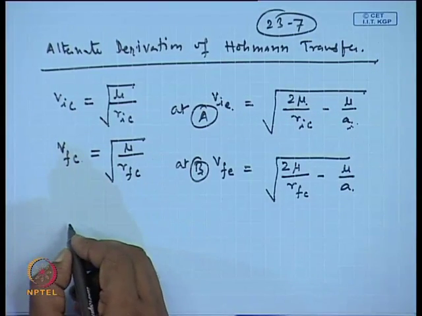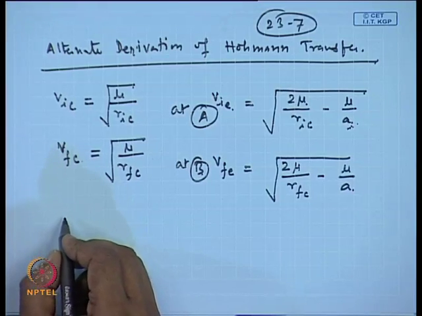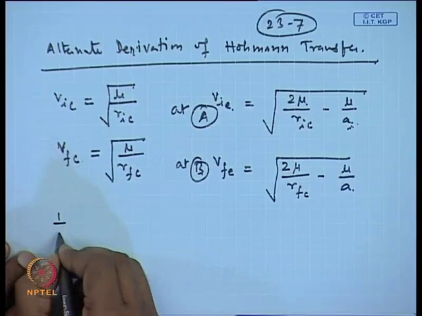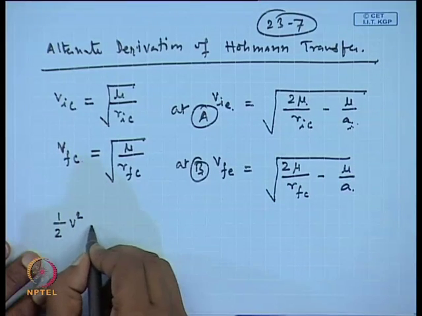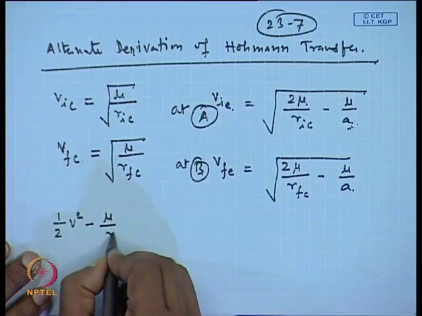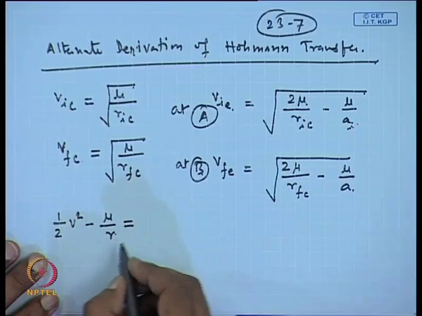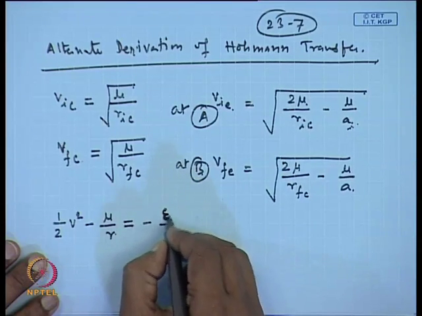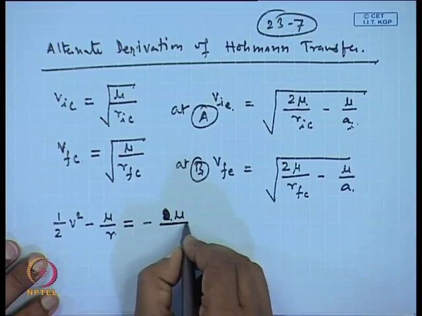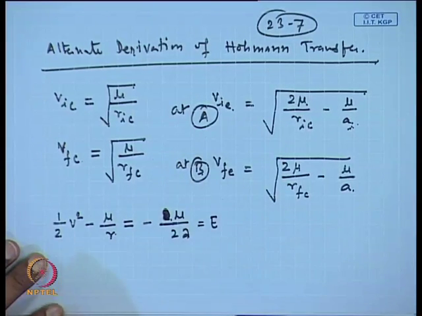How we have got this equation, we have done earlier also and it is easy to work out. We know that the energy per unit mass can be written in terms of the kinetic energy per unit mass minus mu by r, which is the potential energy per unit mass of the satellite, and this will be equal to minus mu by 2a, which is the total energy of the satellite.